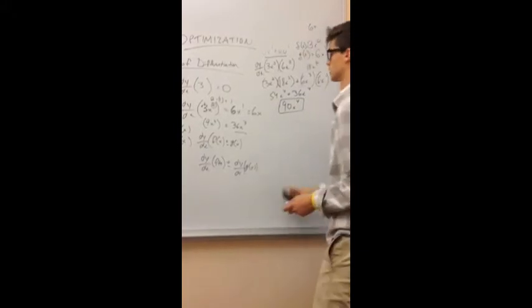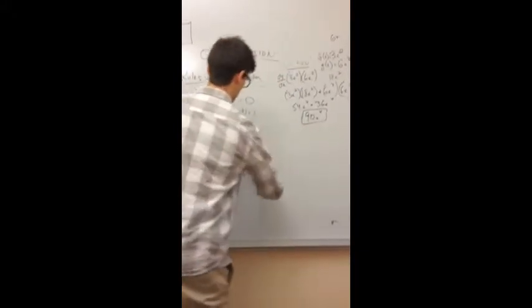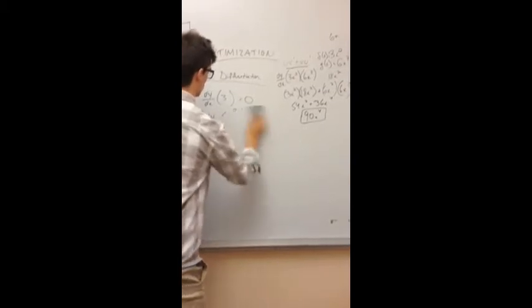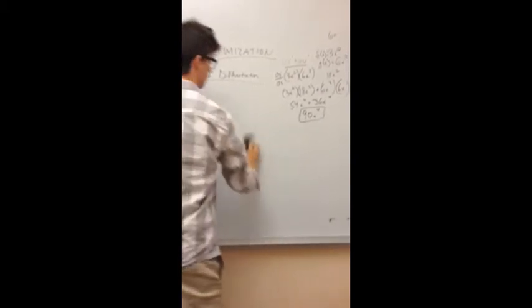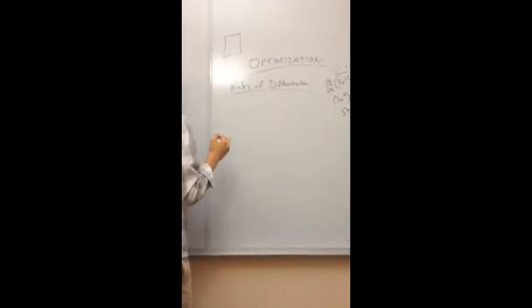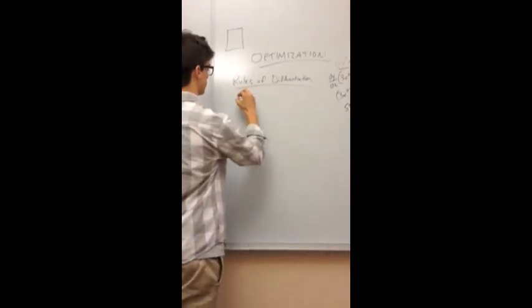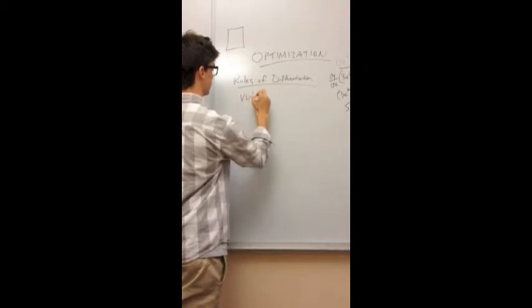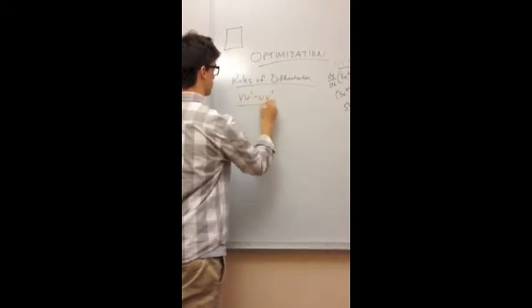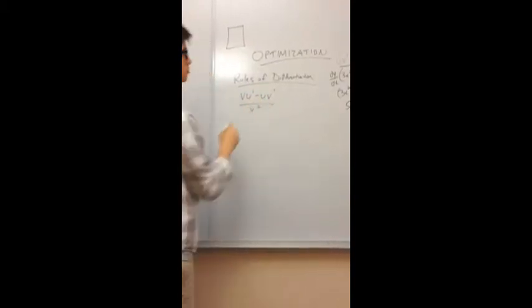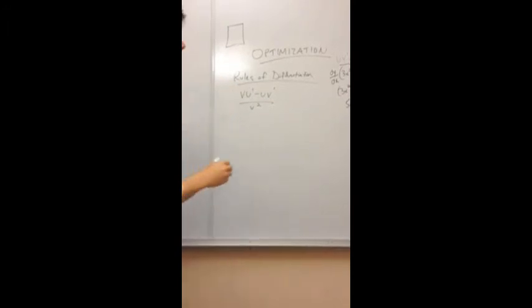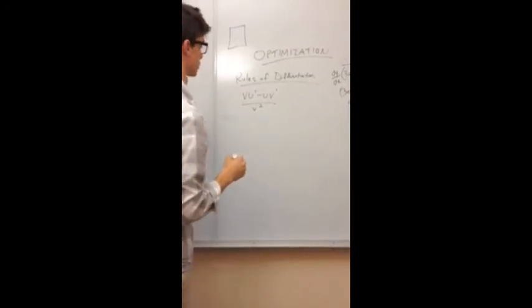Now we could go on to the quotient rule, which is just the same thing as the product rule, except dealing with the division of derivatives. There's another acronym for the quotient rule, and I like to refer to it as VOOV, and it's also a subtraction sign instead of the addition sign in the product rule.